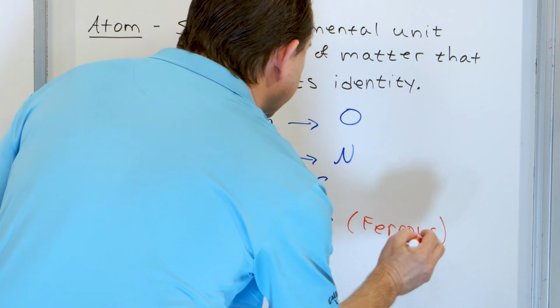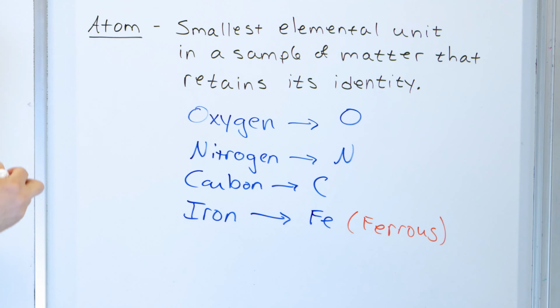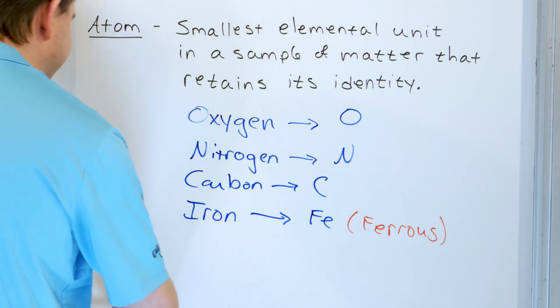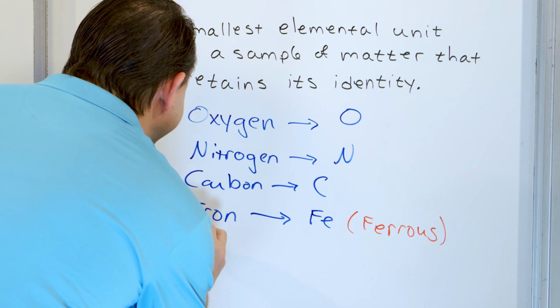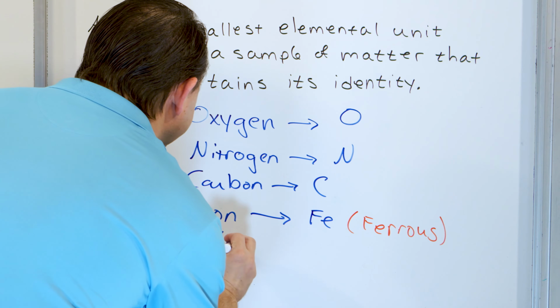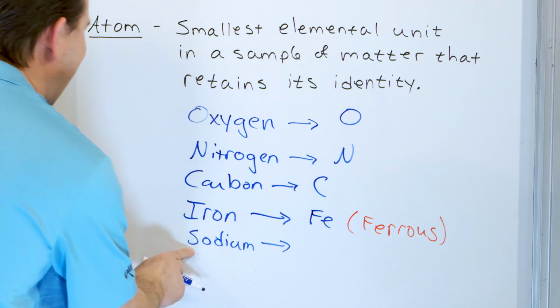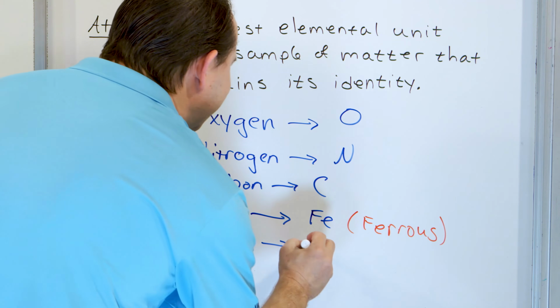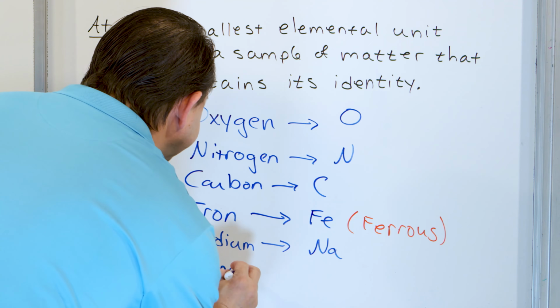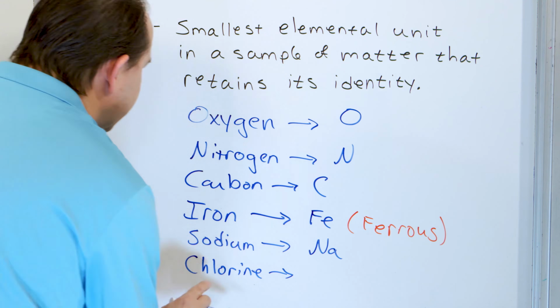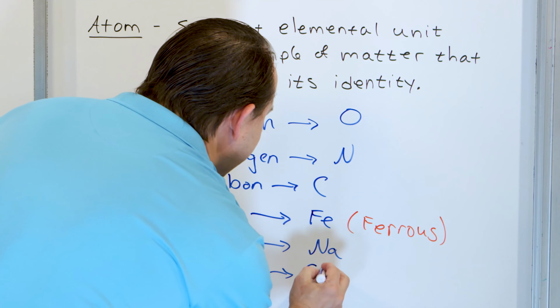Now, I'm not going to ask you to memorize these Latin roots. I'm just letting you know that some of these on the periodic table look a little bit weird. Another one would be sodium. You think sodium would be S or SO, but actually sodium is Na. And you have chlorine. You think chlorine would be CH, it's actually Cl, right?